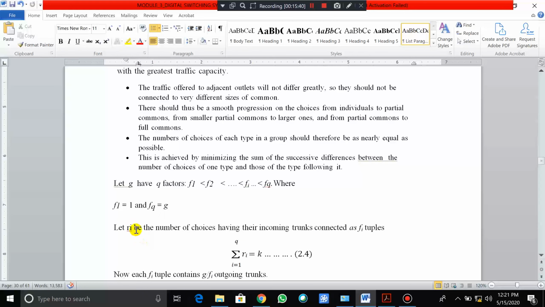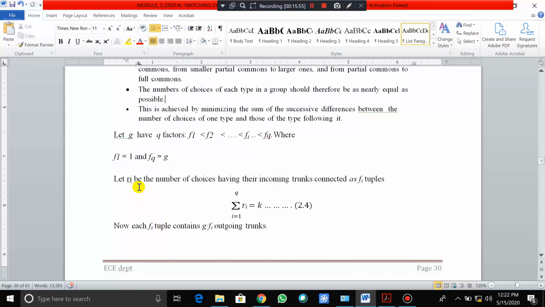Let G have a Q factor where f1 < f2 < f(i) < f(Q), where f(1) = 1 and f(Q) = G. Let R(i) be the number of choices having their incoming trunks connected as f(i) tuples.